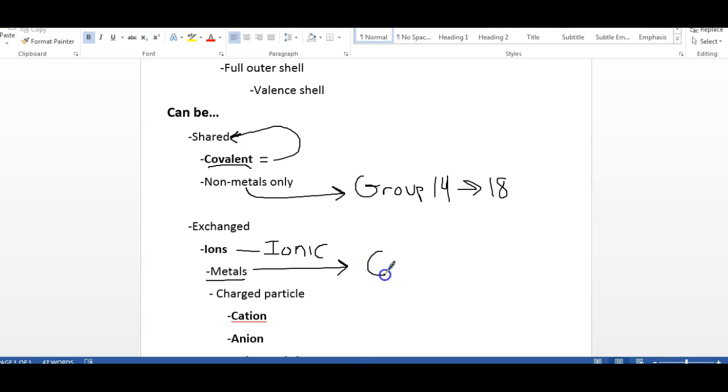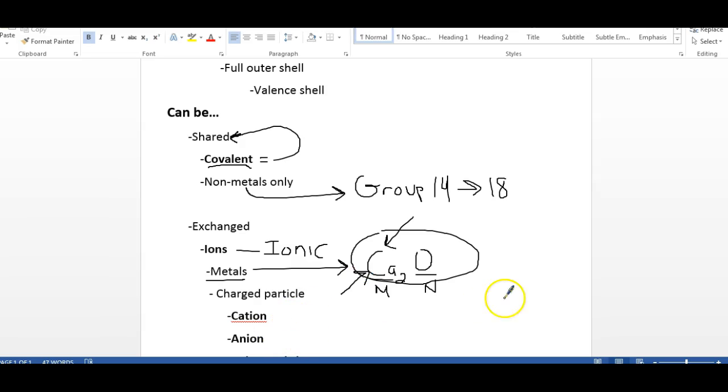So an example would be calcium oxide, CaO. So now this is a non-metal, but this is a metal, so it has to be ionic. Okay, so just keep that in mind whenever you look at a compound. Is any one of the atoms that are in there a metal? If they are, then it's an ionic compound.